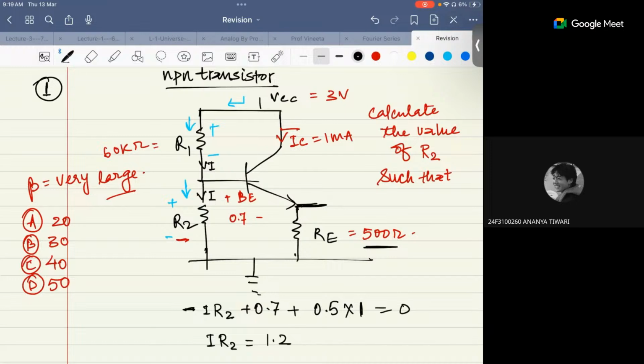So this voltage you are saying is 0.5, right? Because IE will be 1 milliampere.